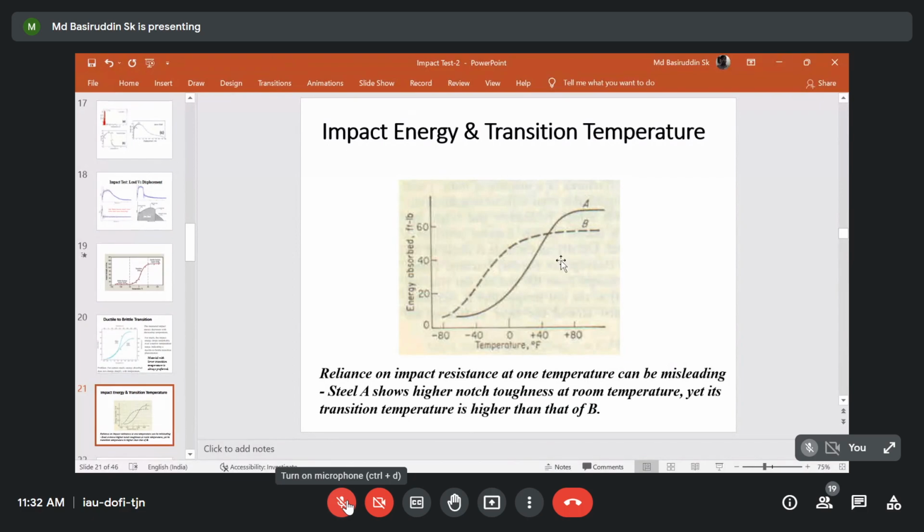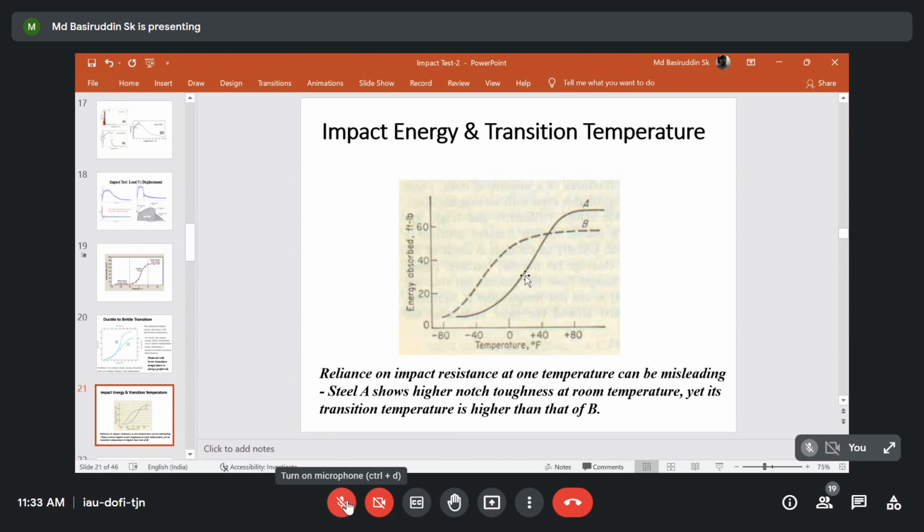But if we want to develop a material that will be acceptable to the whole research community, they demand a material with a very low ductile to brittle transition temperature and a very high upper shelf energy. That means this energy should be very high and the curve should shift to the left.